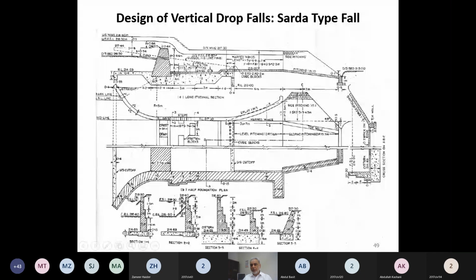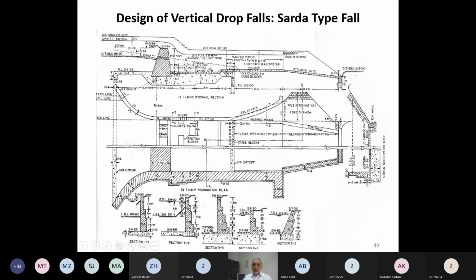This rectangular shape continues for a certain length up to the concrete floor. Wherever we have to provide the concrete floor, up to there it will run as a rectangular channel. After that, this rectangular shape is given a transition back to the trapezoidal shape with the help of the downstream wing wall. This wing wall is provided on the downstream side, embedded in the banks, and then the normal trapezoidal section continues.